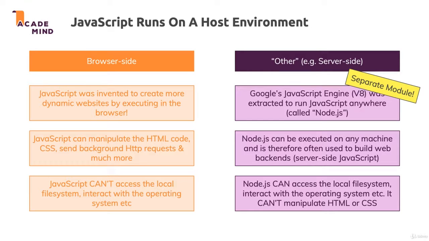Instead, it can only access the file system on the machine where it executes, which, for example, is the server where it runs, not your machine. And it's also able to interact with the operating system and so on. However, since it doesn't have direct access to the loaded web page, it can't manipulate HTML or CSS like browser-side JavaScript is able to do. So we basically have inverse access capabilities here.